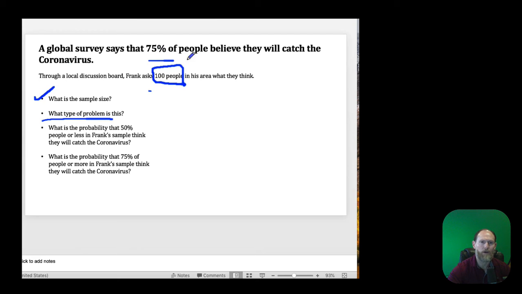Yes or no? This 75%, because of that population, is the population proportion. I like to call it P-pop, and it is 0.75. So right off the bat, we need to convert that 75% into 0.75.